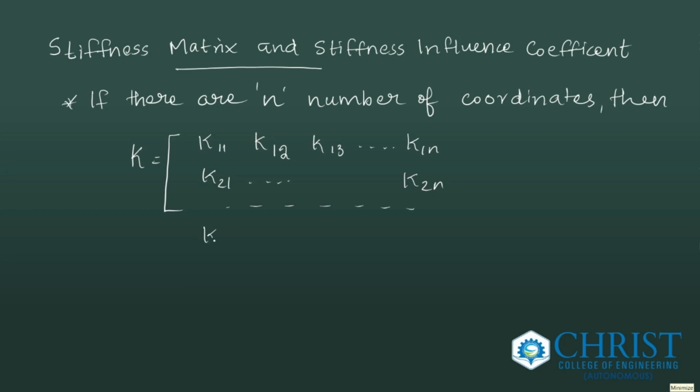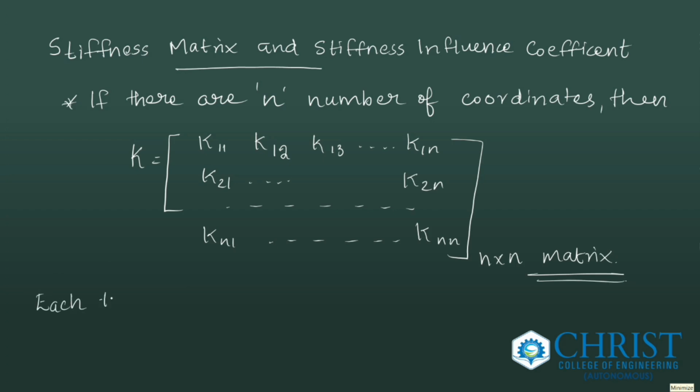And each term is called stiffness influence coefficient. Each term in the stiffness matrix is called stiffness influence coefficient. We represent it as Kij, where I stands for the position and J stands for the point at which unit displacement is applied.